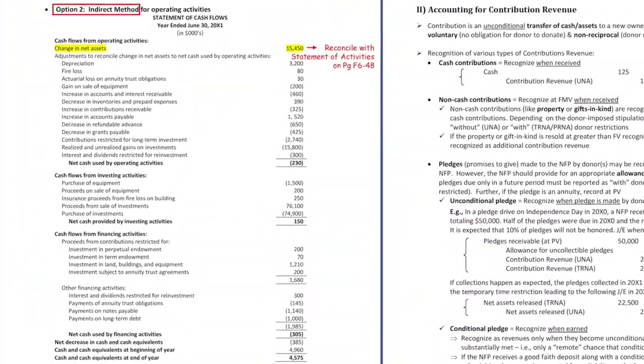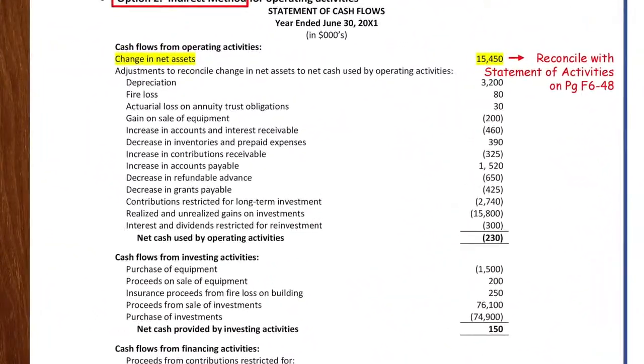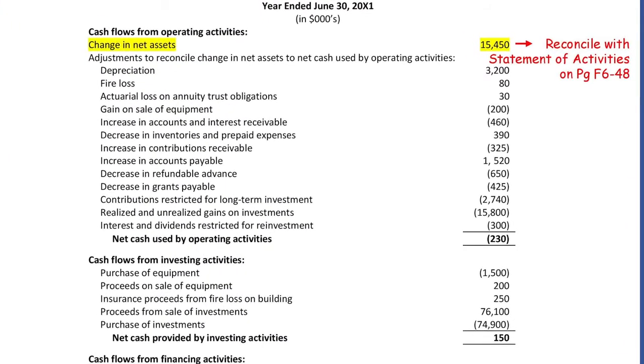Now come back to page 52, where we're presenting the statement of cash flows by using the indirect method for operating activities. So we've started with a change in net assets, and then we've got a bunch of adjustments to reconcile the change in net assets to net cash used by operating activities.